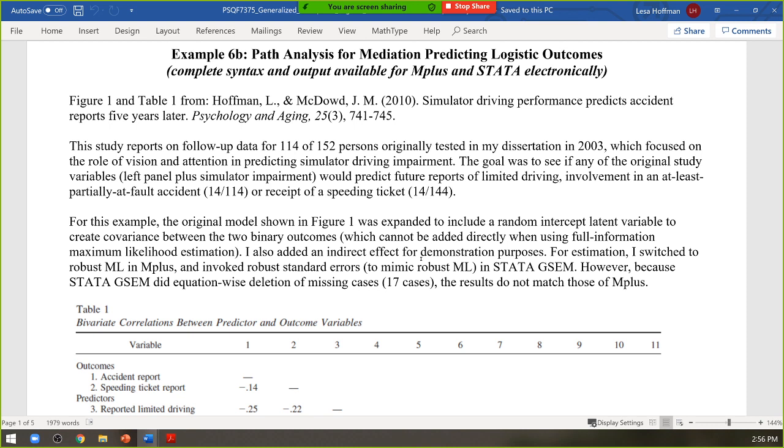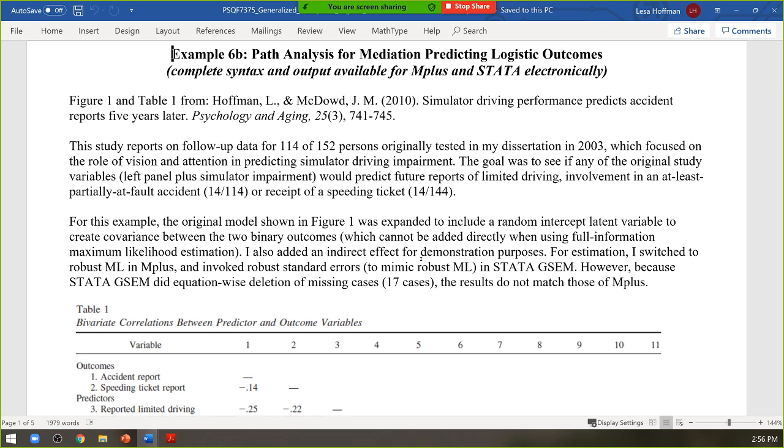For instance, this is based on my dissertation data. Once upon a time, I was interested in measuring visual attention in older adults and how that was a risk factor for getting involved in automobile accidents. I did a follow-up study to my dissertation where research assistants called the subjects and asked, "Hey, in the last 5 years, have you crashed your car or anything?"